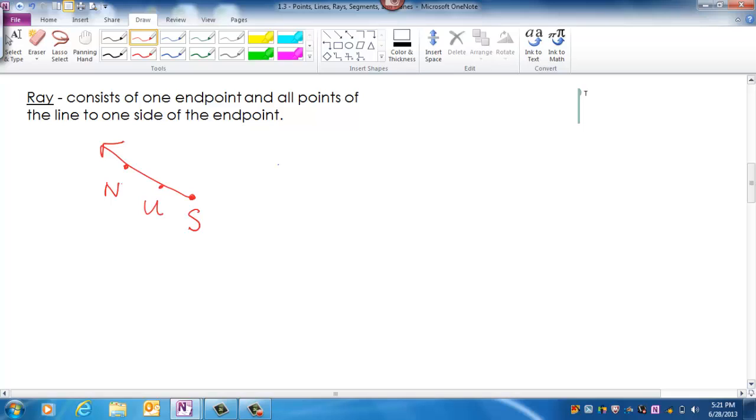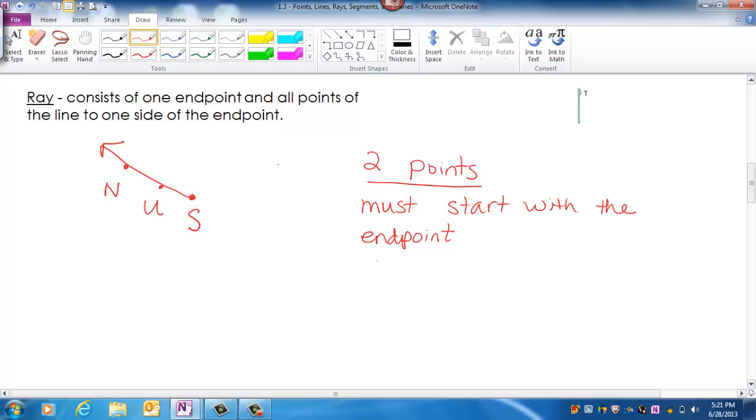So then when you are naming a ray, you also need 2 points. And it must start with the endpoint. So in this case, it would have to start with point S. Then you could pick either U or N for your second letter.